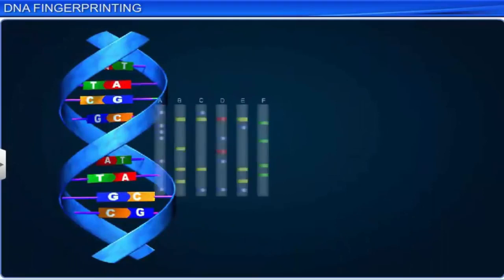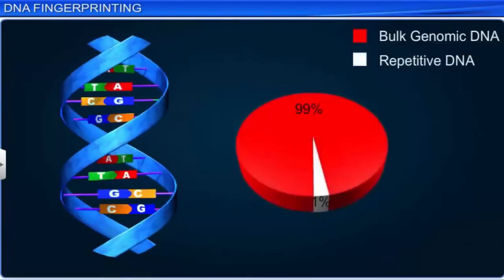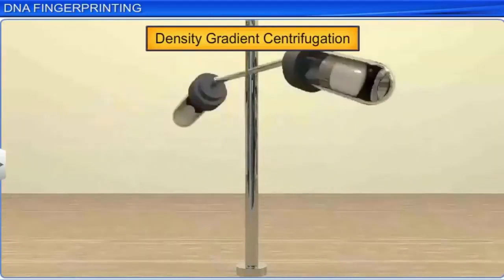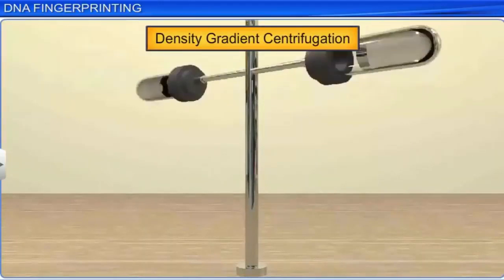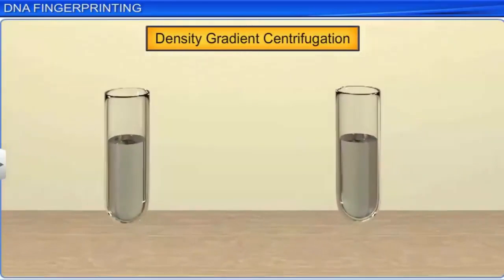DNA fingerprinting identifies the differences in this region. To separate both genomic as well as repetitive DNA, the process of density gradient centrifugation is carried out. As satellite DNA is lighter and bulk DNA is heavier, they get separated on the basis of their density.